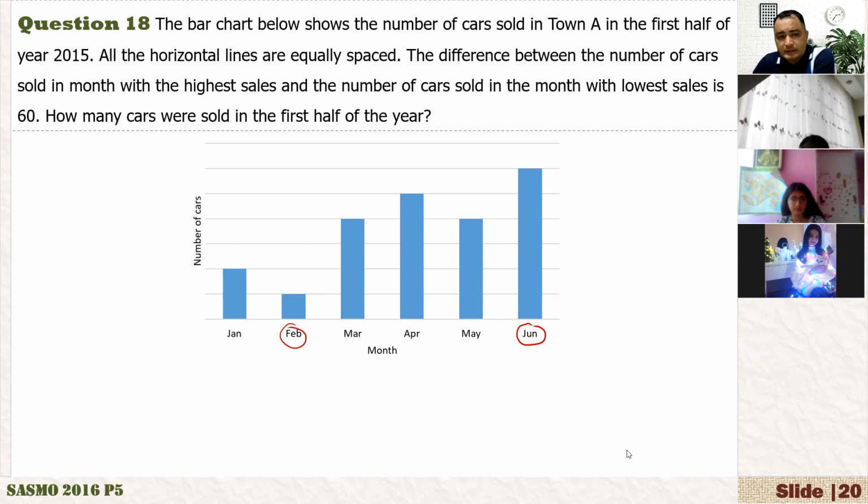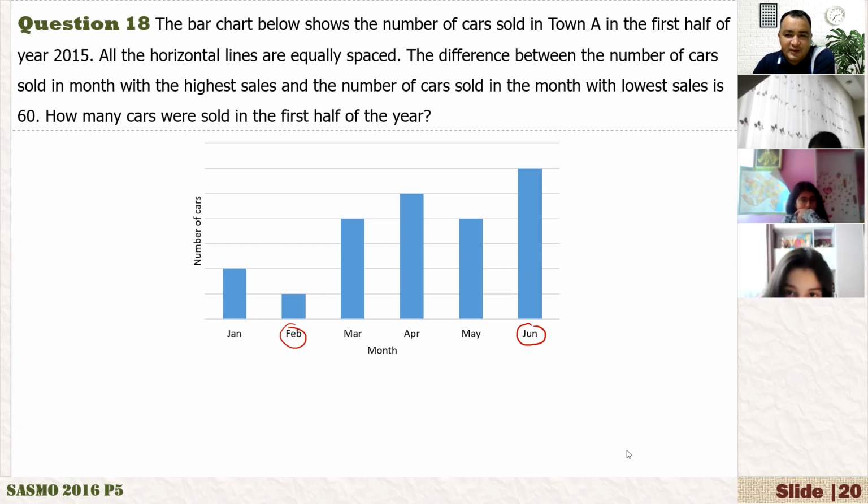How did you solve it? Because we see that in June, yes, we have 60 cars. Look, Nigar, here just one thing. It says the difference, right? The second sentence: the difference between the number of cars sold in the month with the highest sales and the number of cars sold in the month with the lowest sales is 60.